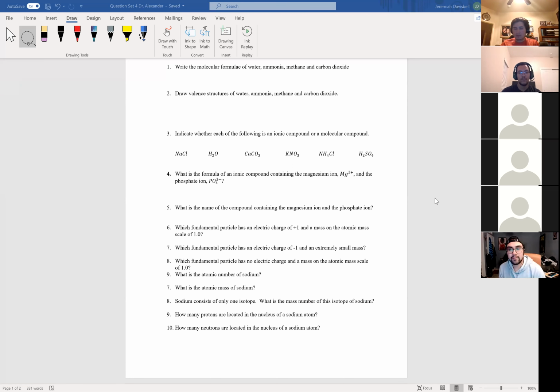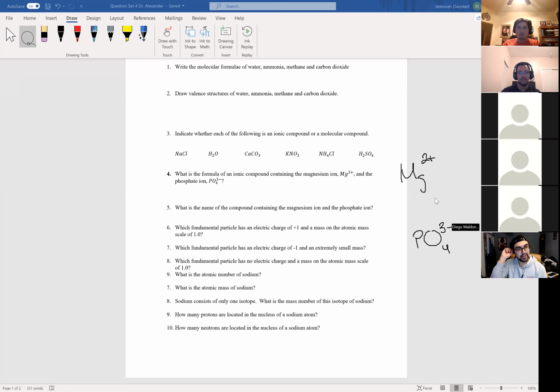So we have magnesium present, and we're given our charge of +2. And then we have phosphate. How many oxygens does phosphate have? I know it's given, but 4. Yeah. And our charge? -3.